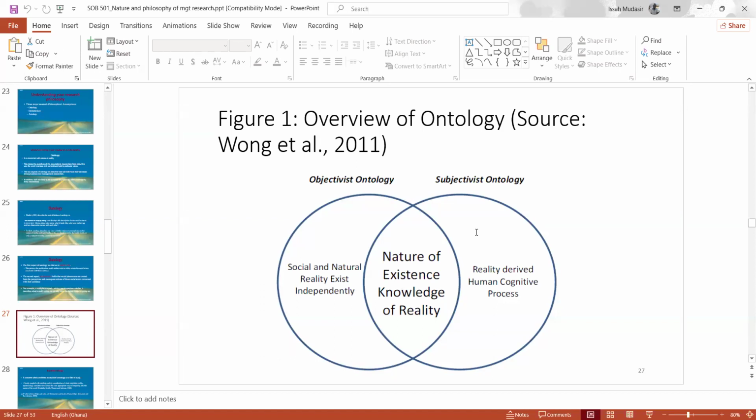The objectivist ontology believes that social and natural reality exist independently. In other words, it is not your mind that will influence what is real. What is real is real. That this world exists is not subject to interpretation.